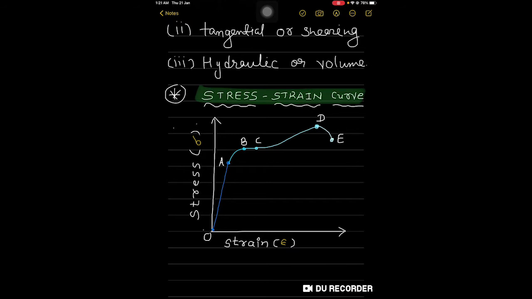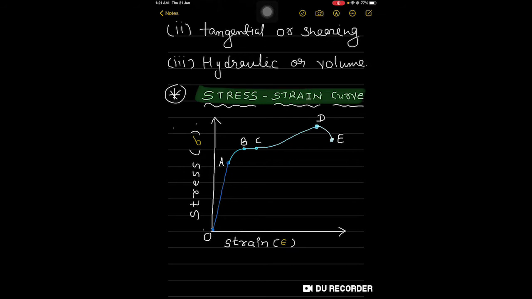A graph is plotted between the stress, which is equal in magnitude to the applied force per unit area, and the strain produced. A typical graph for this metal is shown in the figure above. An analogous graph for compression and shear stress may also be obtained.